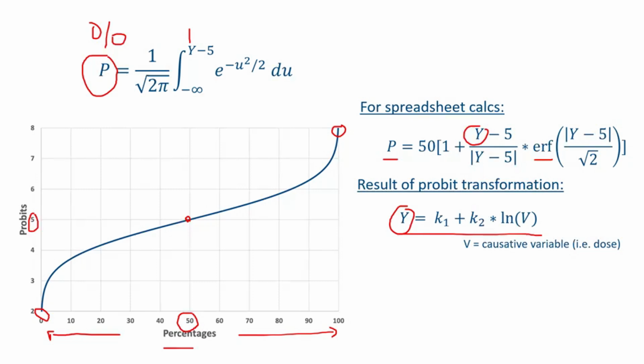Often in our applications, this is the dose. So as we saw, if we have the natural log of the dose on the x-axis and probits, y, on the y-axis, and we have a linear relationship in that data, we can fit the slope, k2, and the intercept, k1, and quantify this relationship.